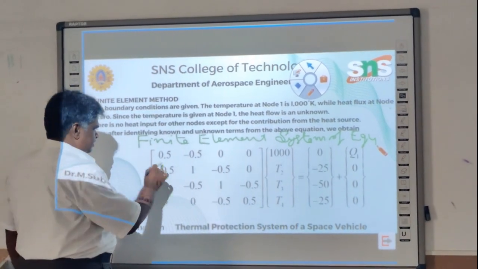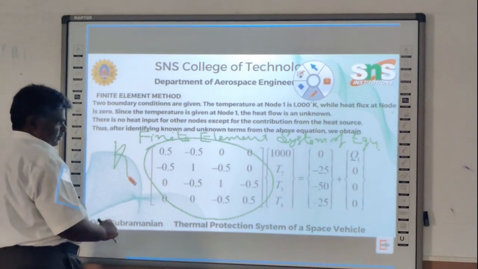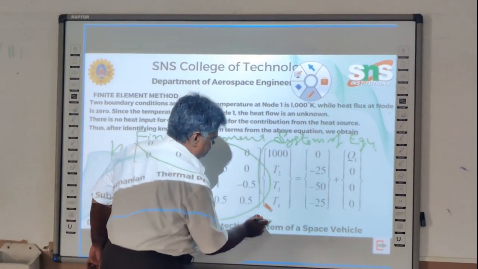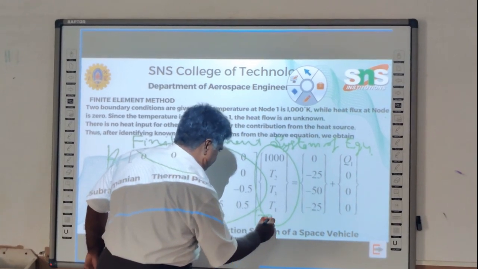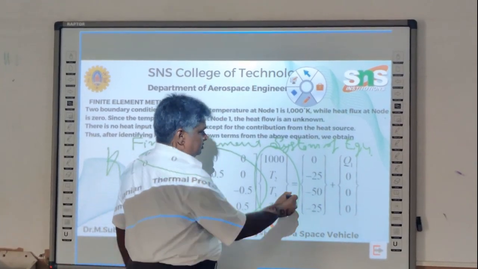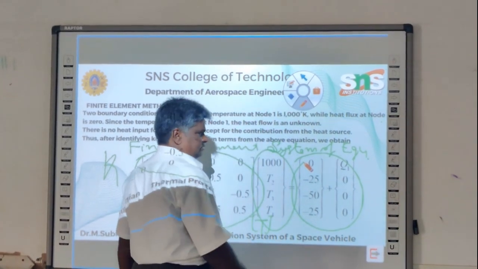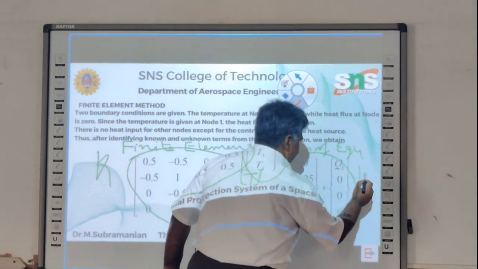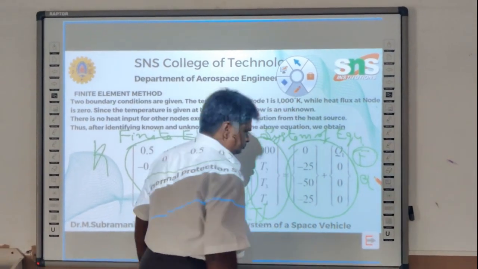This is the global stiffness matrix. This is the field variable of temperature distribution. This is your thermal load vector, that is F, R, Q.